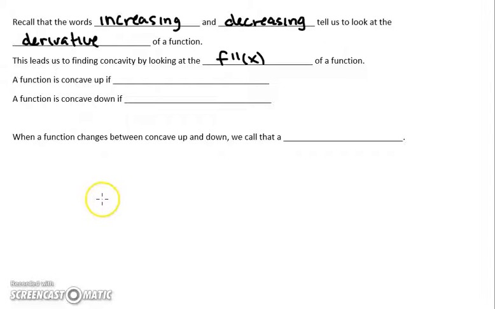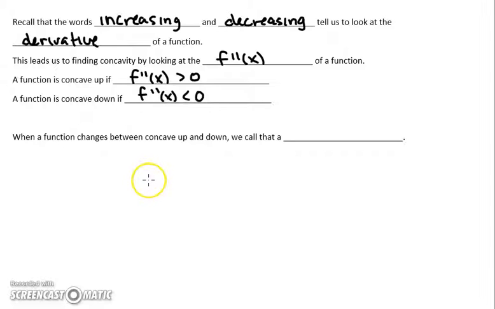So when we're going to find concavity, we're going to look at the second derivative, but we're going to use the first derivative to justify. So a function is going to be concave up if the second derivative is positive. Concave down if the second derivative is negative. So we're looking at the second derivative, but we're going to justify using the first derivative.